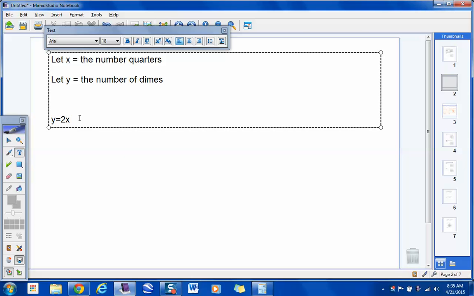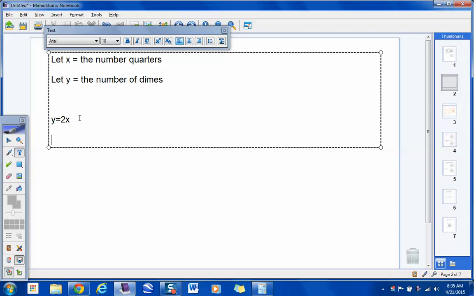Now, here's the deal. We said the total of each amount then, in this case we'll use 225. Up here we have x quarters, right? What's each quarter worth monetarily? How many cents? 25. So what I'm going to do is set this up. I'm going to say we got 0.25 times the number of quarters that I have. Doesn't x represent the number of quarters, guys?